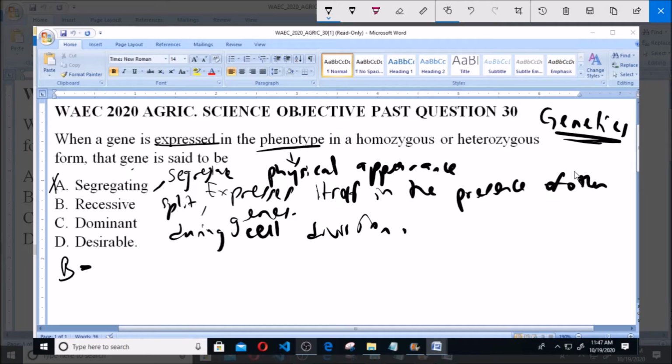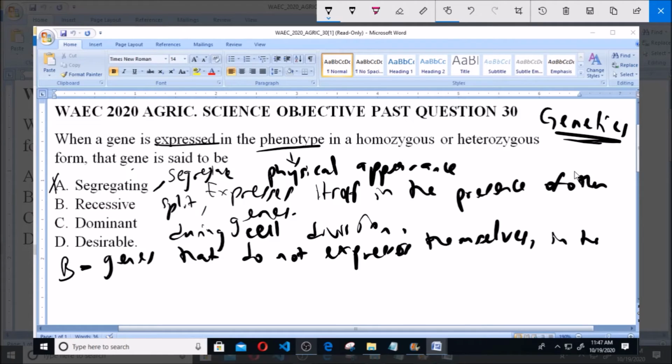Now option B says recessive genes. Recessive genes are genes that do not express themselves, genes that are not expressed in the presence of another gene.